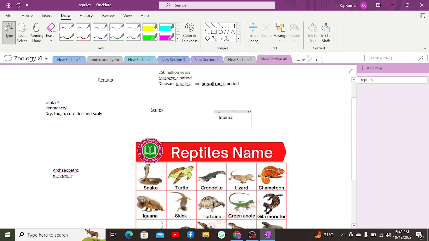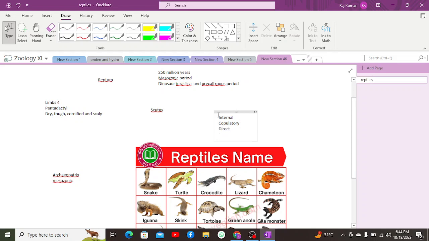For internal fertilization they have copulatory organs, and as they have internal fertilization, they have direct development, which means no metamorphosis occurs.